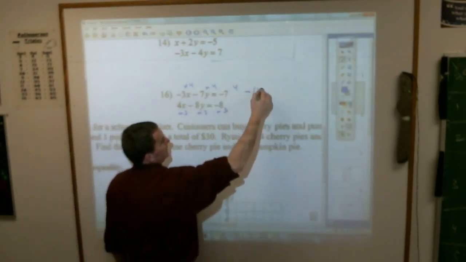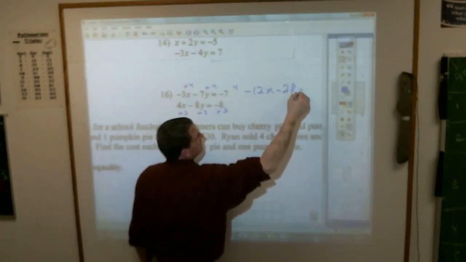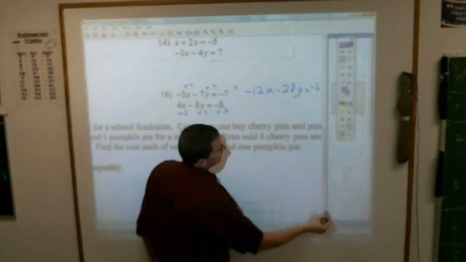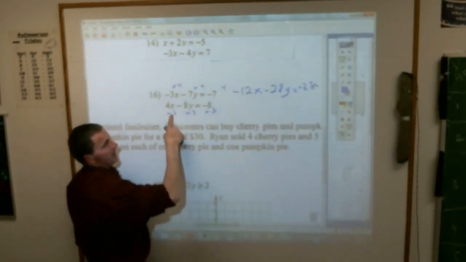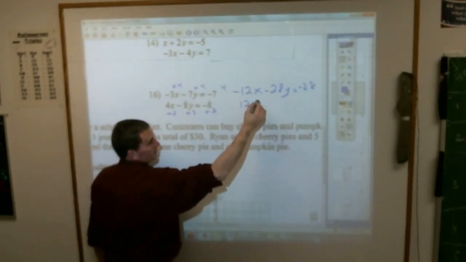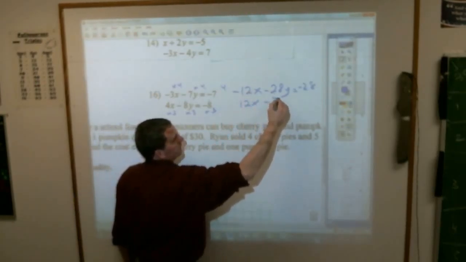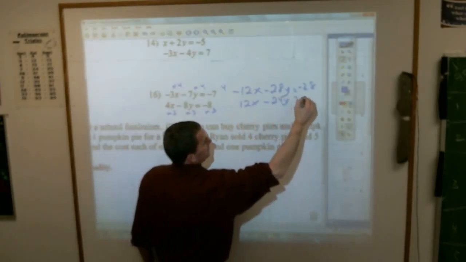Multiplying the top, I get negative 12x minus 28y equals negative 28. On the bottom, when I multiply by 3, I get a positive 12x is what I want because they're opposites. Minus 24y, get some big numbers here, minus 24.